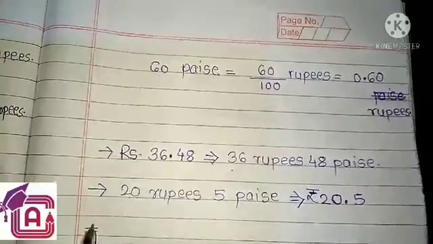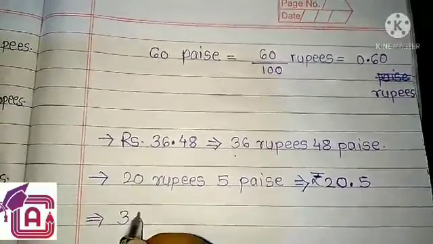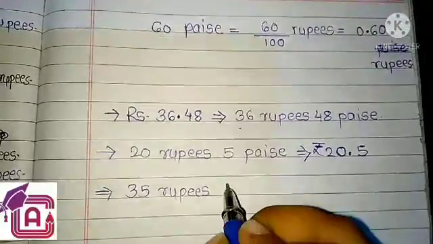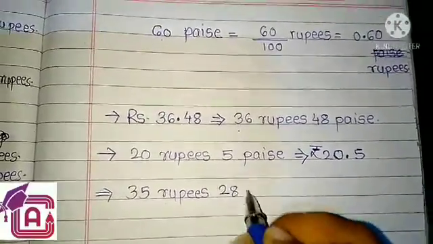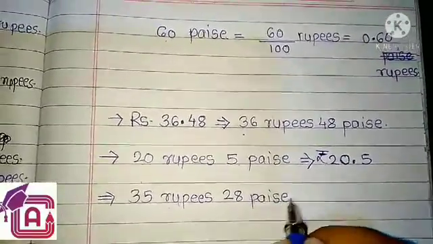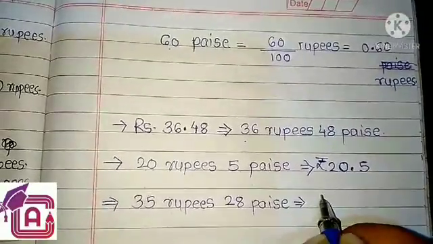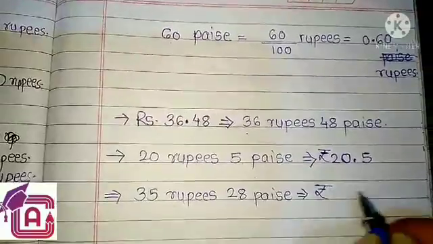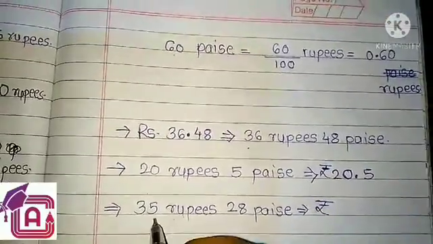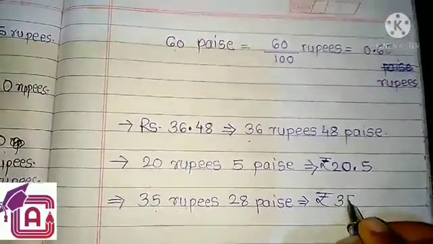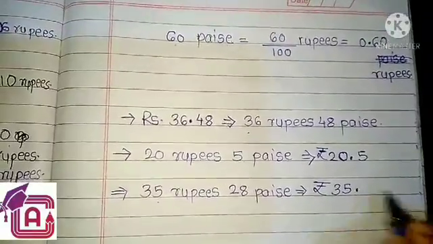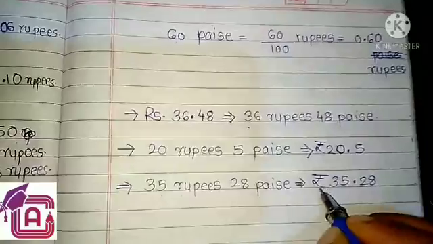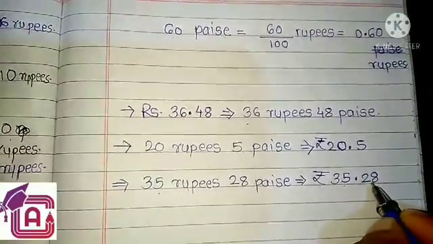Again I am taking one example, 35 rupees 28 paise. So how to write it? The rupees sign, R, a bigger line, and this smaller line. Rupees, how many? 35 is given, 35. Then give a decimal point, and how many paise? 28. So write down 28. So rupees 35.28.